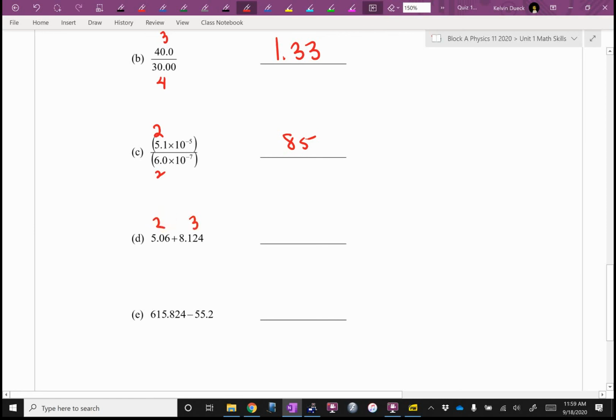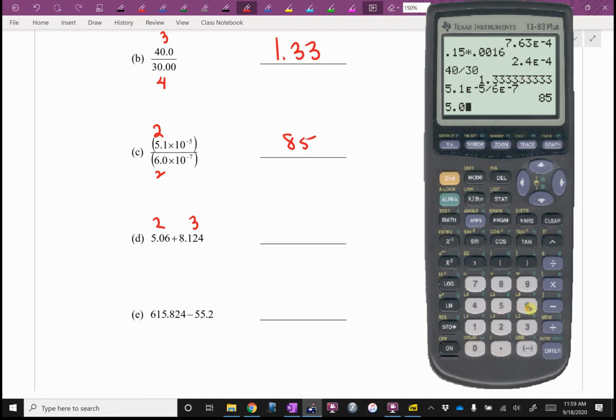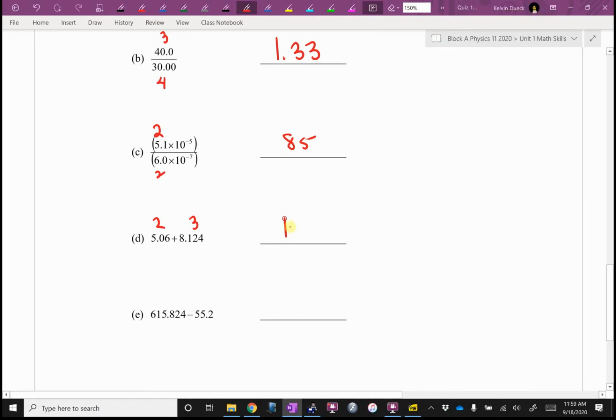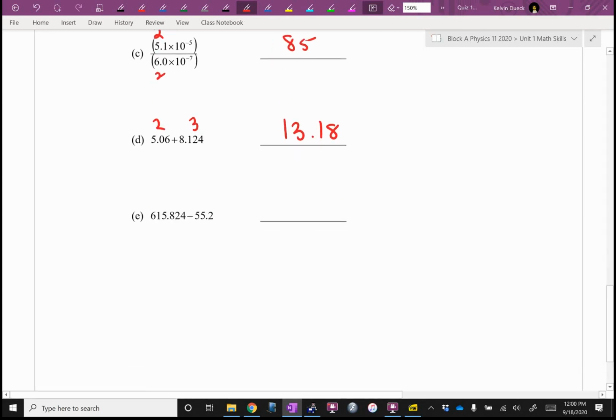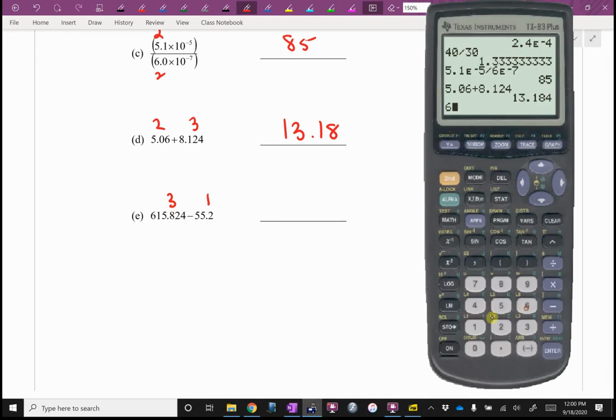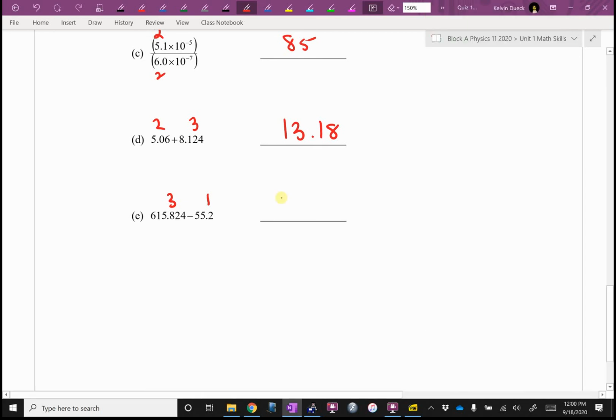I'm going to go to 2 decimal places. 5.06 plus 8.124. 13.18. 13.18. 3 decimal places, 1 decimal place. 615.824 minus 55.2. 560.6.